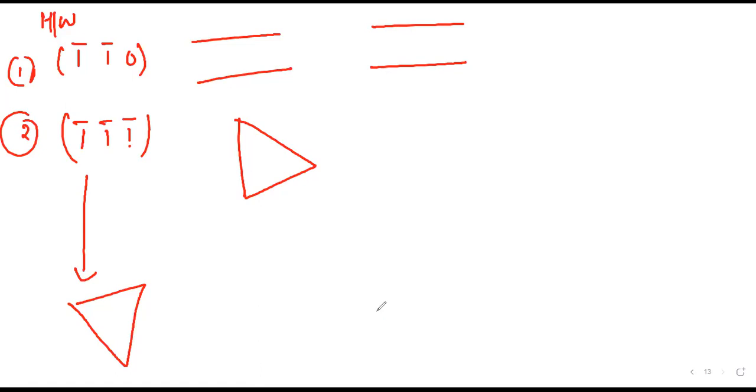Before going to direction indices, I will cover numericals. So, okay, write down the first numerical.